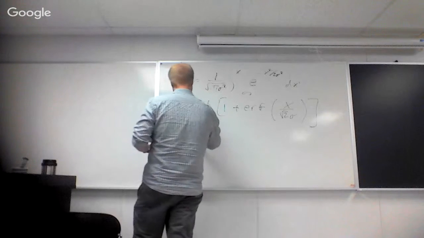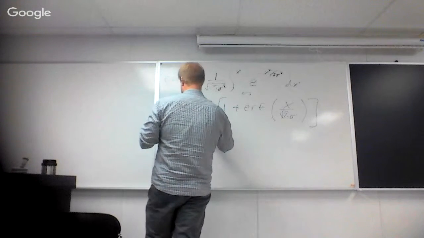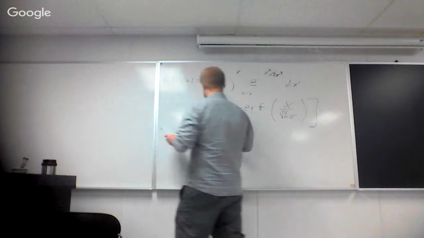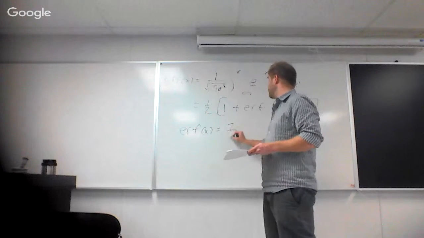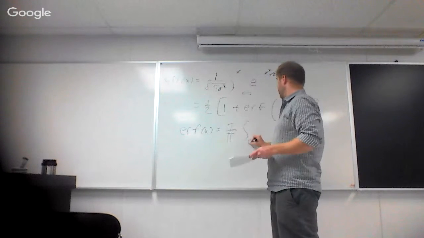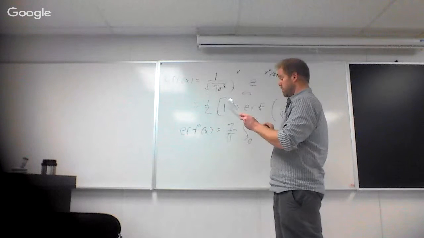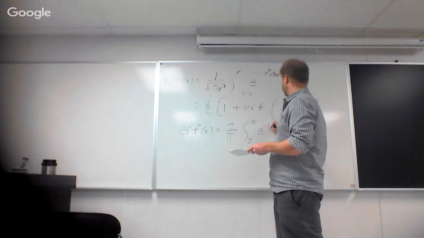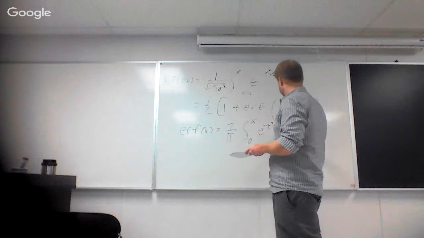And just to write down the error function of x, it's defined to be 2 over root pi, the integral from 0 to x, where x is the upper limit, of e to the negative t squared dt.